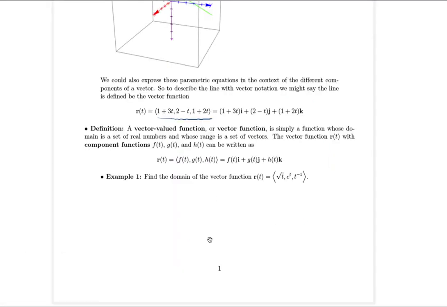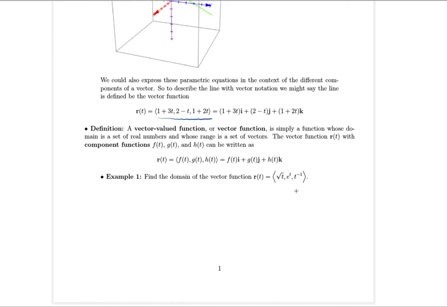All right, so now let's take a look at this vector function that we have here. It asks us to find the domain of this vector function. Just like we have to be careful of things like not dividing by 0 and not taking the square root of a negative number, just like we had to worry about that with regular single variable functions, we've got to worry about that here. So we check for the same sorts of things.